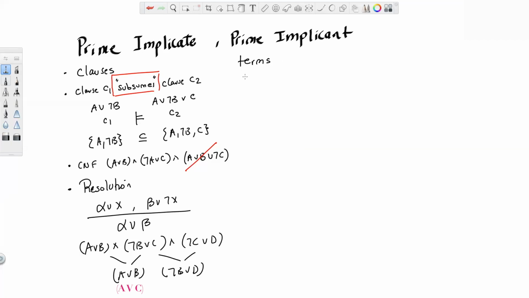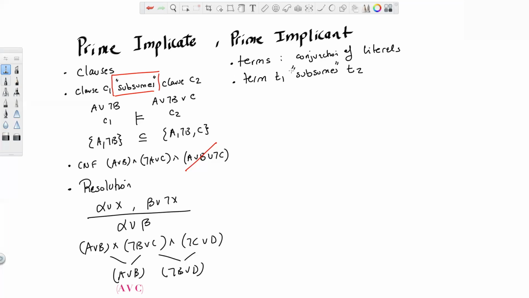So we're talking about terms here, and a term is a conjunction of literals. And of course, we know that a clause is a disjunction of literals. And then we have the notion of a term T1 subsumes term T2, right? So now we have the notion of subsumption again.